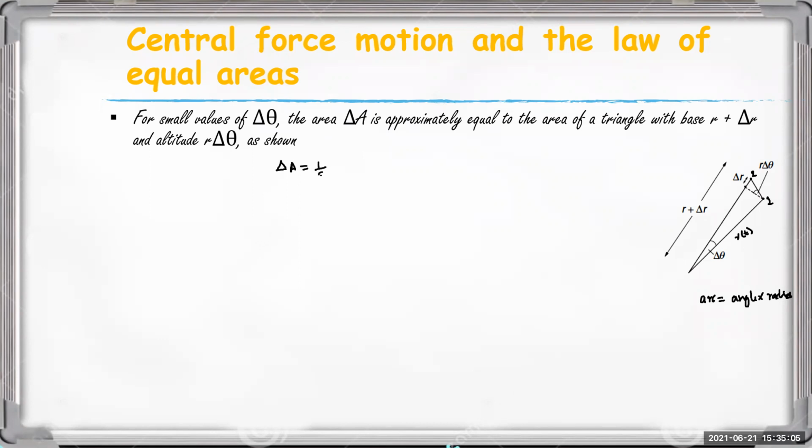Here the base is R plus delta R, so 1 by 2 (R plus delta R), and the height is R into delta theta.